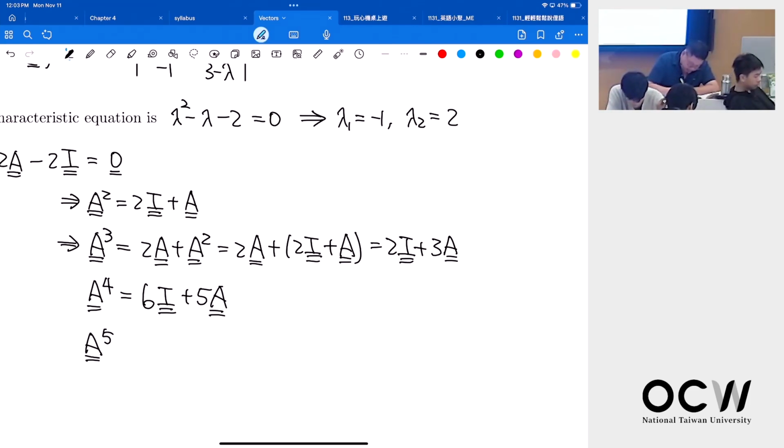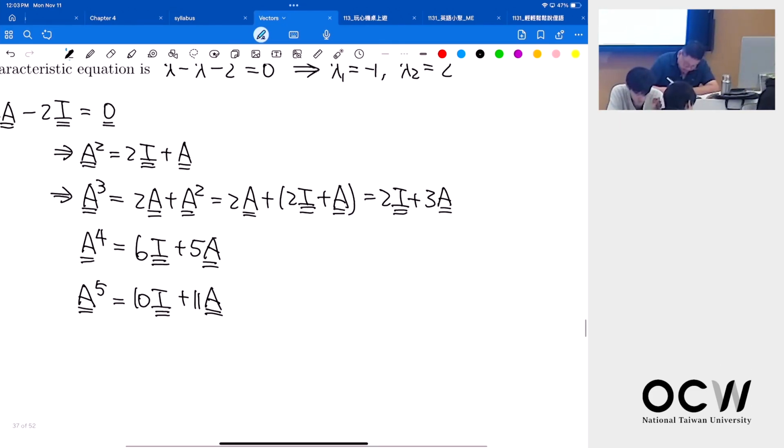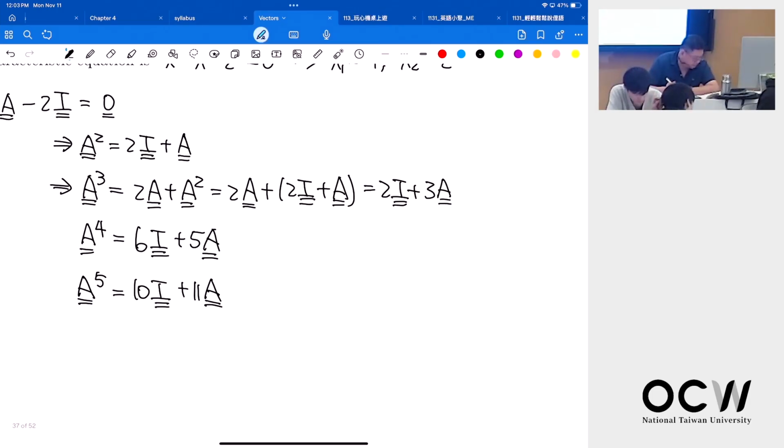A to the 5th, you got 10 identity matrix plus 11A. And A to the 6th, 22 identity matrix plus 21A.